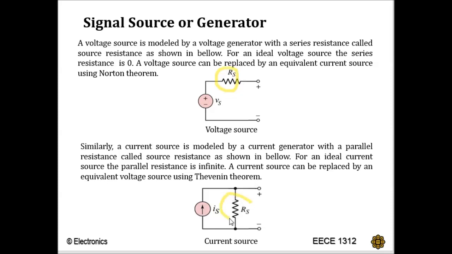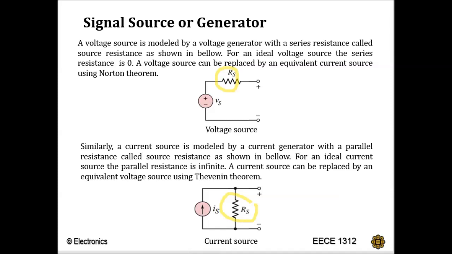But how do you get IS and how do you get VS? If I want to get IS, I divide VS over RS, the Ohm's law. And if I want to get VS, I multiply IS with RS to get the voltage source.